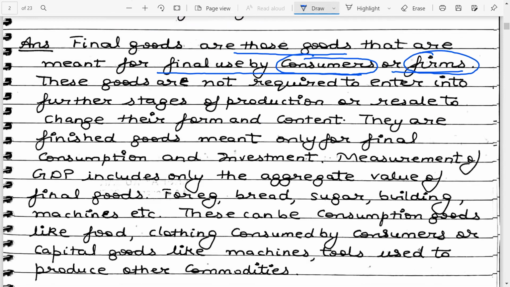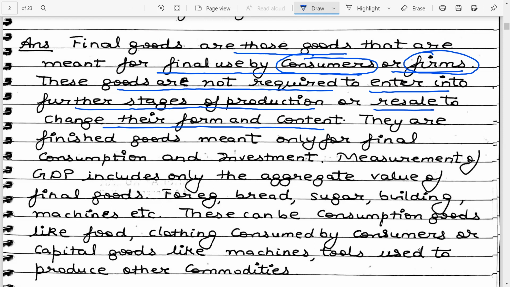These goods are not required to enter into further stages of production, unlike the intermediate goods, or resale to change their form and content. Now, what is this line telling us? It is telling us that unlike intermediate goods, final goods are not transformed from one stage of production to another. And unlike the intermediate goods, final goods are only meant for final use either by the consumer or by the firms.